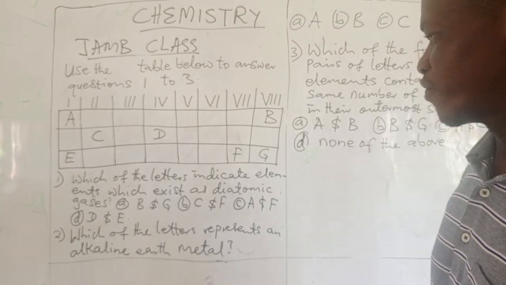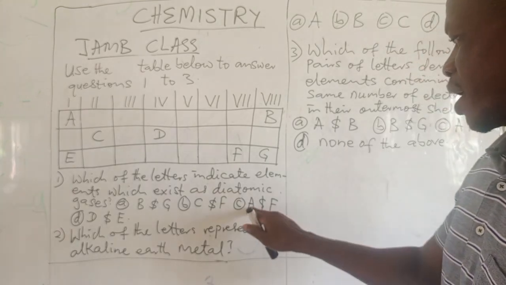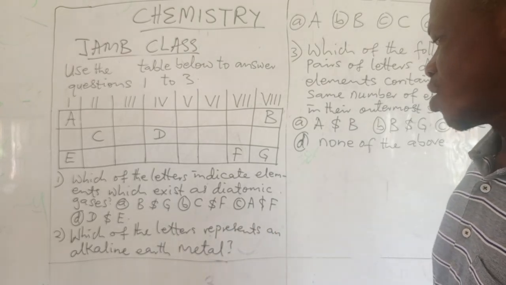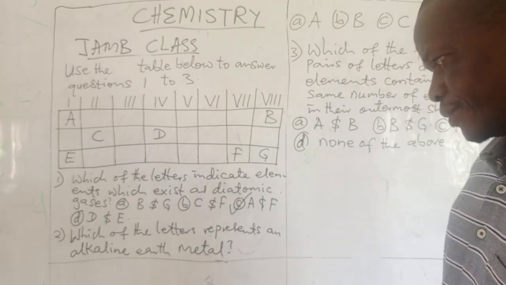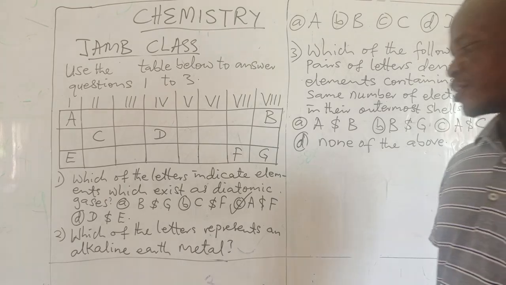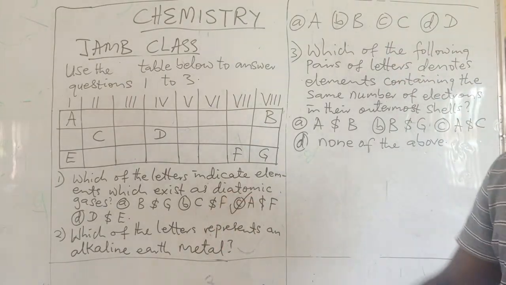Check where you have A and F. So that's the correct option to question 1. I hope you understand what I have done there. Now let's go to question 2.